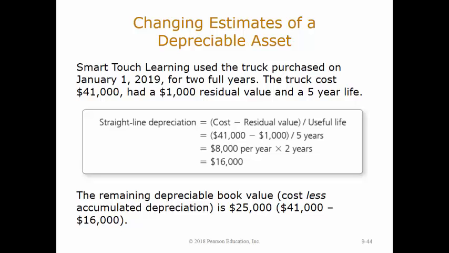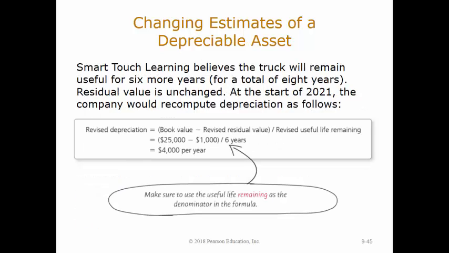The remaining depreciable book value, cost less accumulated depreciation, is $25,000, $41,000 minus $16,000. Smart Touch Learning believes the truck will remain useful for 6 more years for a total of 8 years. Residual value is unchanged. At the start of 2021, the company would recompute depreciation: $25,000 minus $1,000 divided by 6 years, which is equal to $4,000 per year.